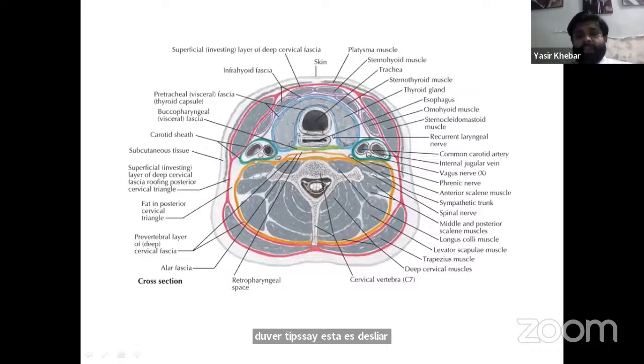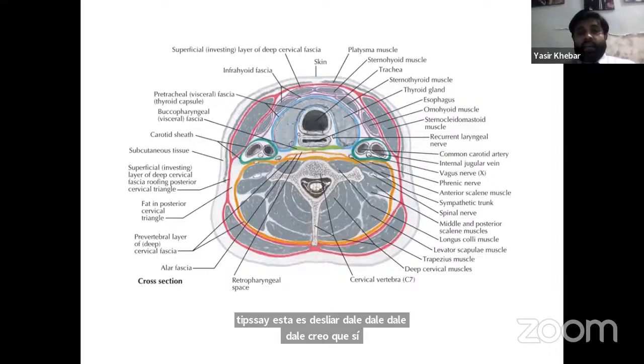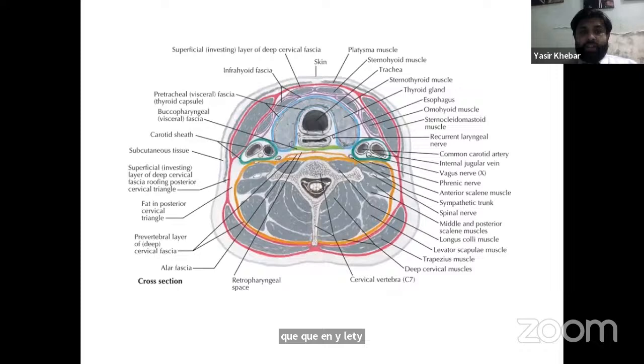The carotid sheath is labeled as a part of the deep cervical fascia, but actually it's a loose areolar matrix that is surrounding these vessels. In reality, this is not actually a division. There's no partition in the living being. In living beings, these layers are communicating with one another.